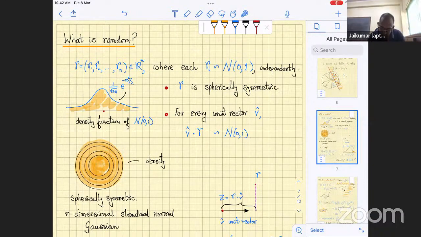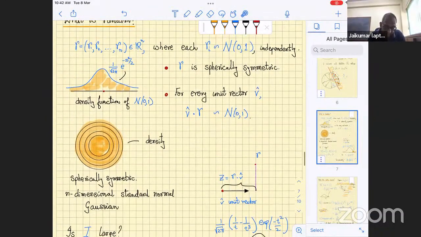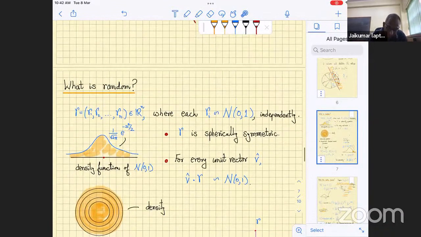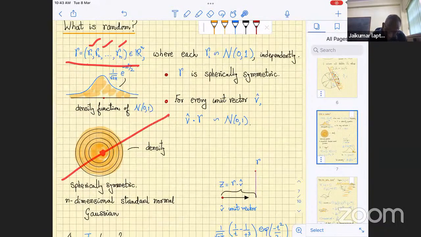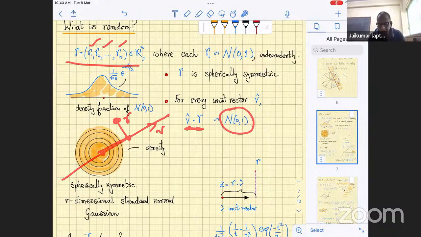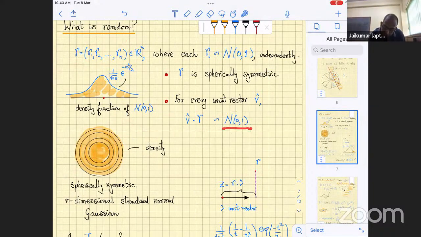But the important thing for us, and this is the only property we use, is that even though we construct the gamma like this with a preferred basis, if you take any direction v and look at the dot product, that is, the projection of gamma on this direction, its distribution will be the same standard normal distribution.